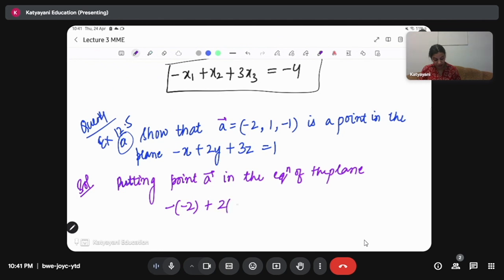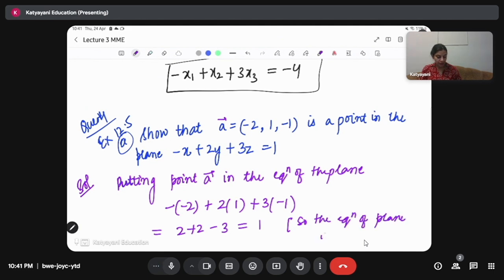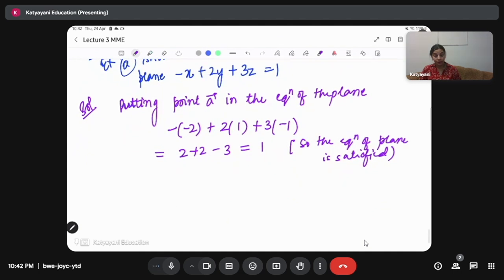In place of y I will write 1 and in place of z I will write minus 1. Let's see what I get. I get 2 plus 2 minus 3 which is equal to 1, which is what is there in the RHS. So the equation of the plane is satisfied with this particular point, so we can say that this point actually lies on the plane, right?